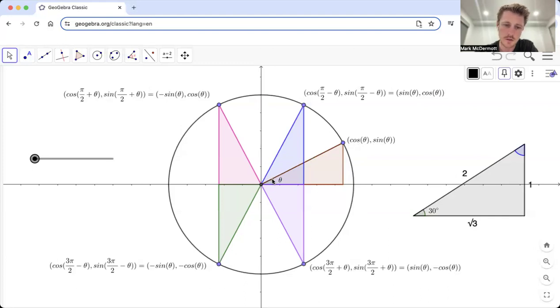This angle here we're going to call theta. And hopefully we're aware that the x coordinate can be represented with cosine of that angle because it's adjacent over hypotenuse. And if the hypotenuse has a length of 1, then it's just this length here, from here to here. And then sine of the angle is just this length here.